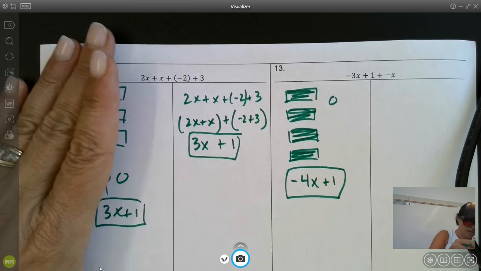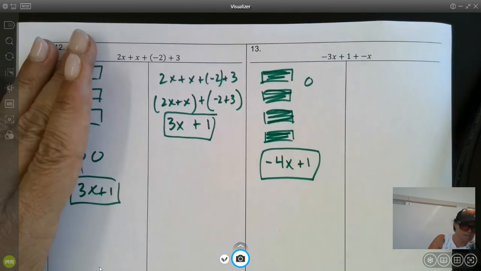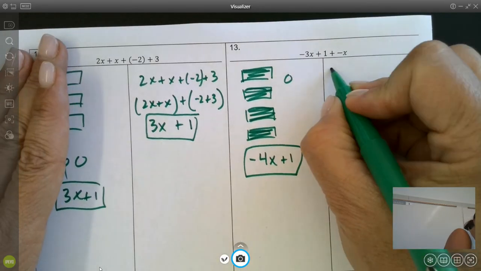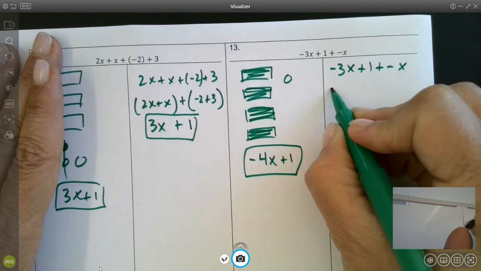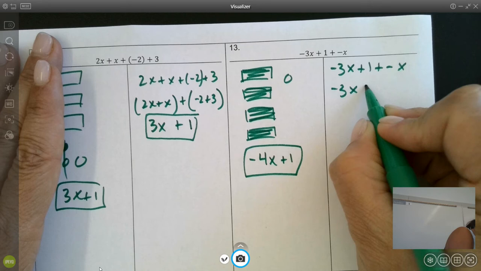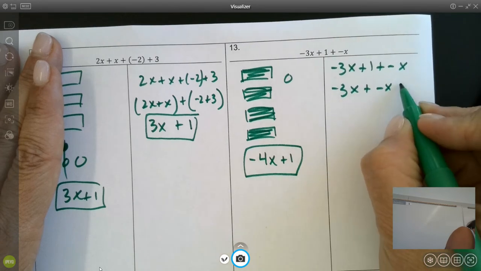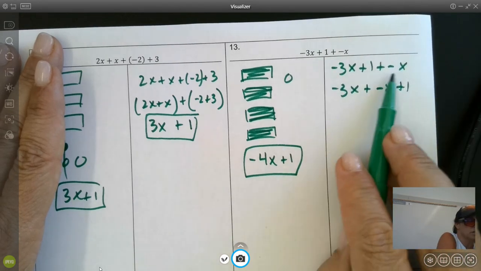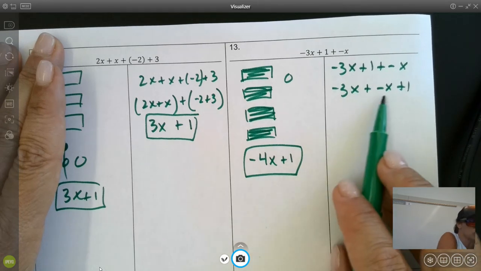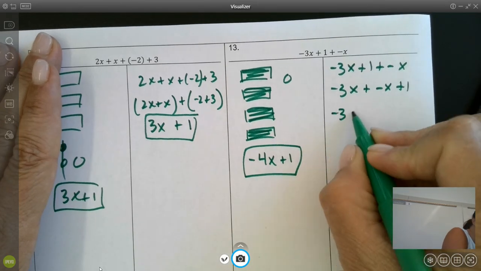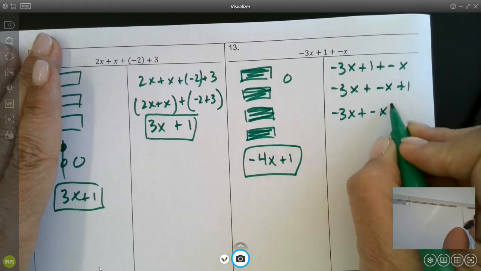Okay, on this guy, I'm going to go ahead and recopy the problem. I'm going to commute. I commuted the 1 and the negative x so that my x's are next to each other so that on the next step, I can group.